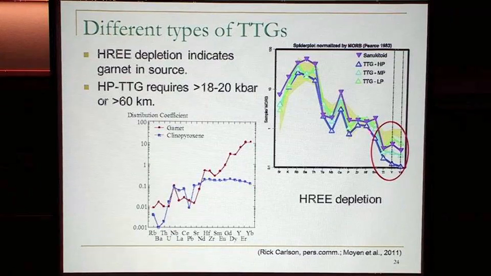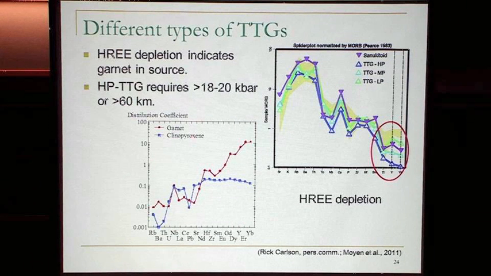And this relates to what Rick was showing this morning, the fact that the distribution coefficients for different rocks are different. For example, if garnet is present, the distribution coefficients for those elements on the right-hand side, the heavy rare earth elements, is very high. In other words, the heavy rare earth elements like to sit in the residue. They don't like to go into the melt. In other words, the melts are very depleted in those heavy rare earth elements.